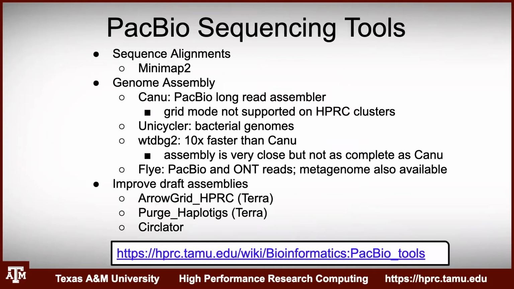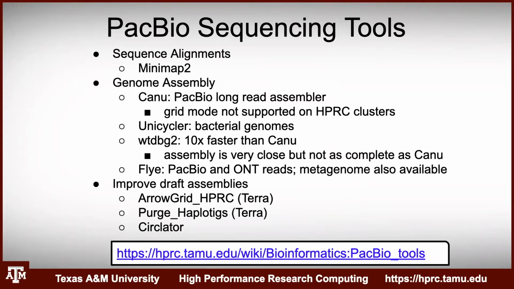There are a number of PacBio sequencing tools available. If you're going to take your sequence and just align it to an existing genome, Minimap2 is a great tool for this. It's also a great tool to use for Oxford Nanopore data.